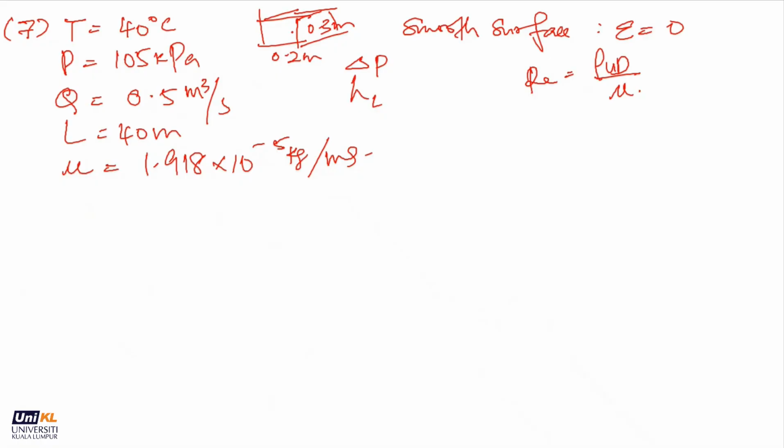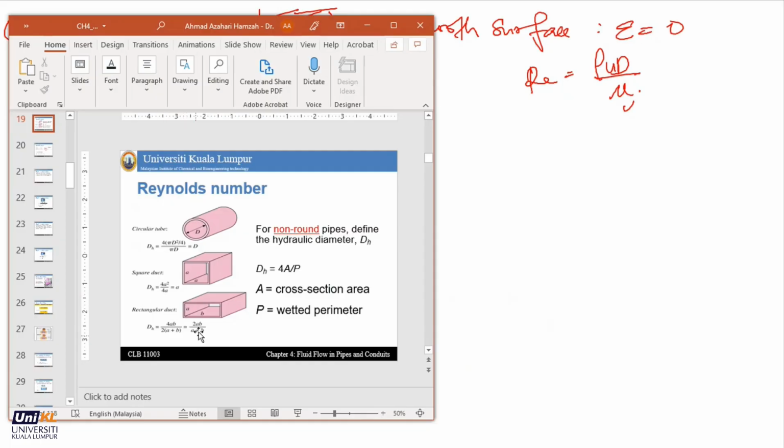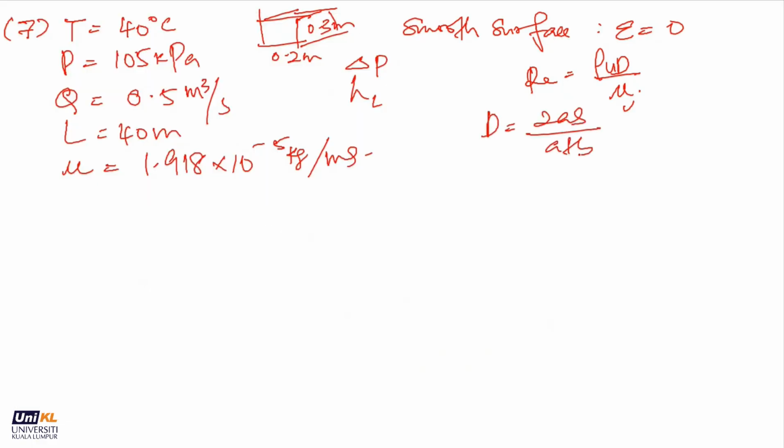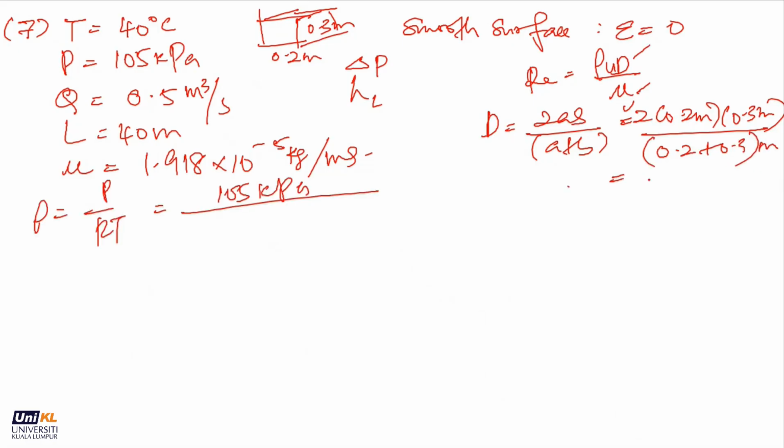So now we have the rectangular, so D has changed. D equal to 4A over the perimeter, which is 2AB over A plus B. 0.287 kilopascal meter cube over kilogram.